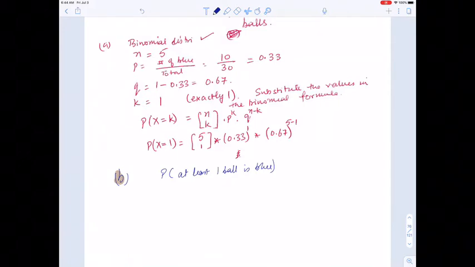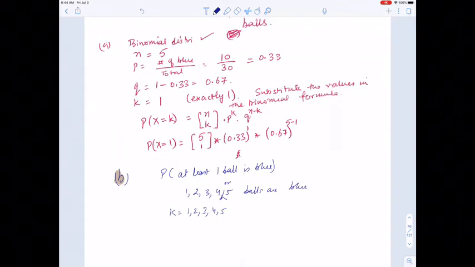That means 1, 2, 3, 4, or 5 balls are blue. That means the number of successes we are interested in are 1, 2, 3, 4, 5.